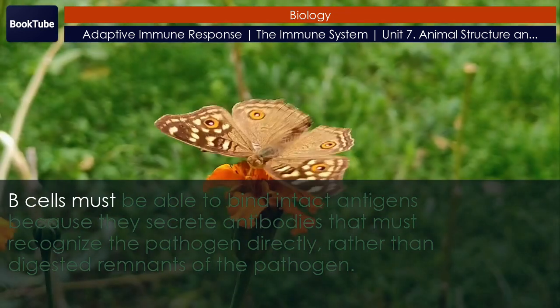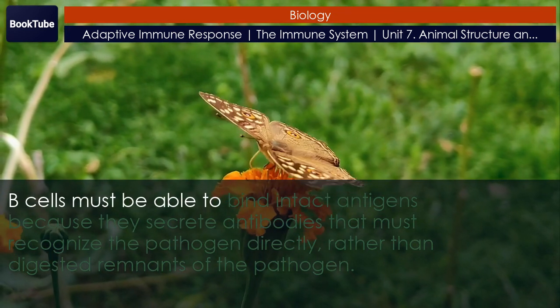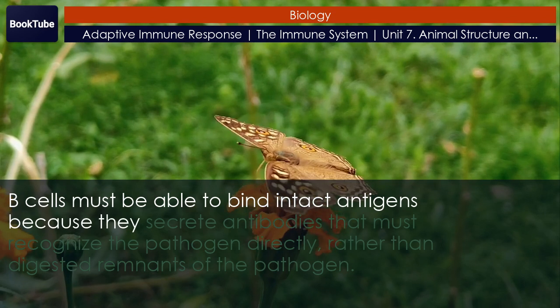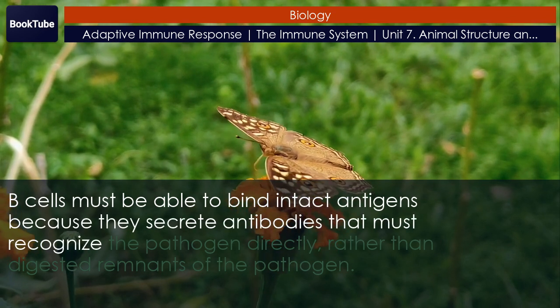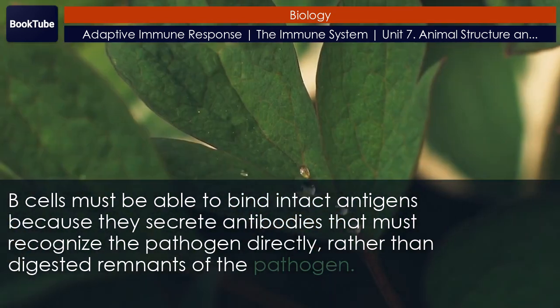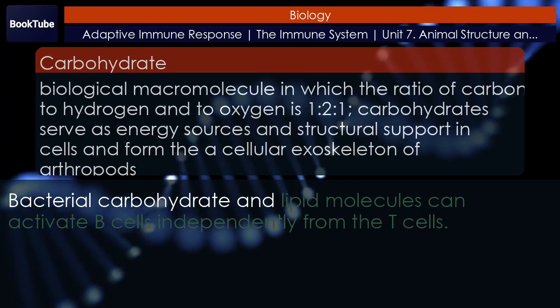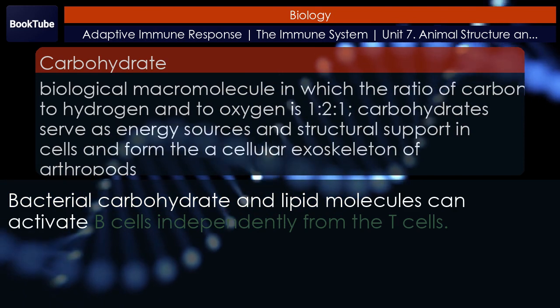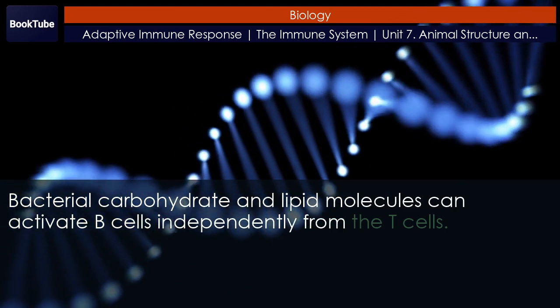B cells must be able to bind intact antigens because they secrete antibodies that must recognize the pathogen directly, rather than digested remnants of the pathogen. Bacterial carbohydrate and lipid molecules can activate B cells independently from the T cells.